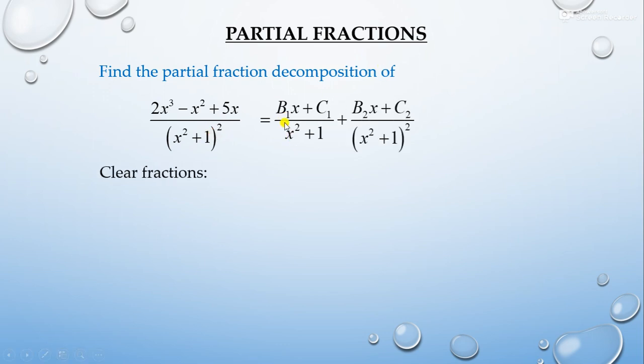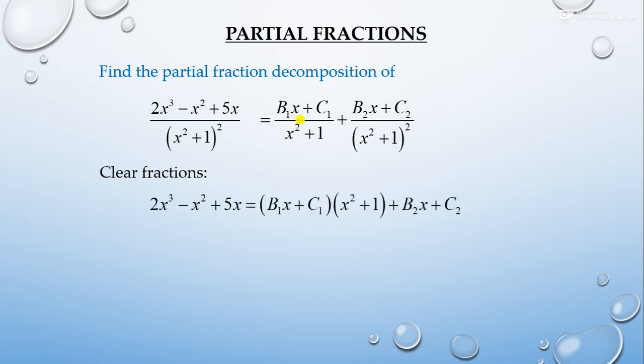Because x square plus 1 is a quadratic term, we can assume the linear term in the numerator, that is b1x plus c1, and for x square plus 1 whole square, we have to take the linear term b2x plus c2. So here we have to find the four constants b1, c1, b2, c2. Okay, so now let's proceed.